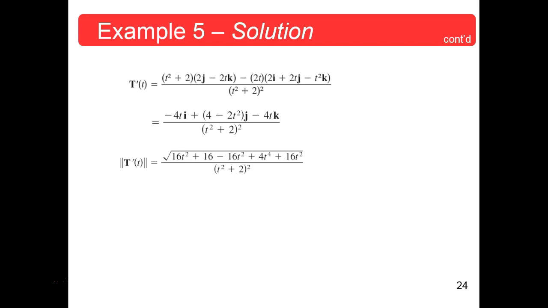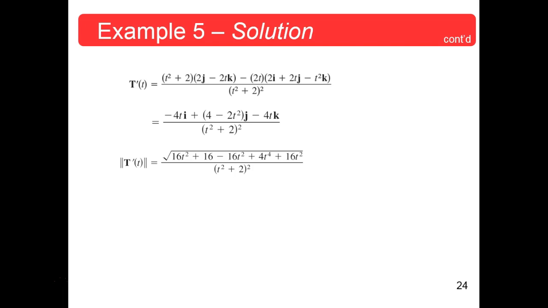Okay. So this will be a 16t squared plus, and now you have to square the binomial, which would be 16 minus twice 8 is 16, so that would be minus 16t squared. And then when you square this, you get plus 4t fourth, and then you square that and you get plus 16t squared. All right, so one of these goes out, leaving you just one.